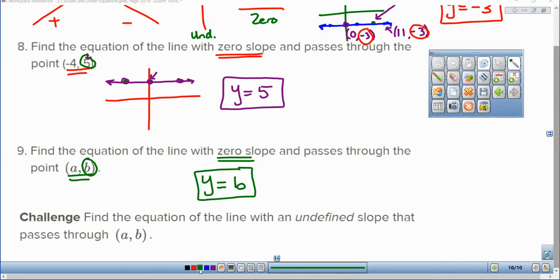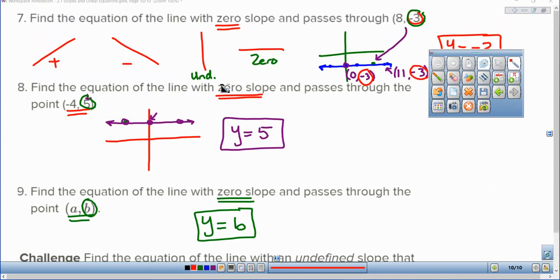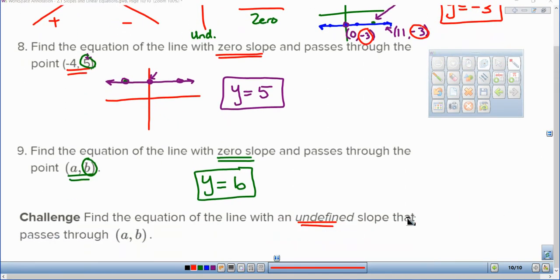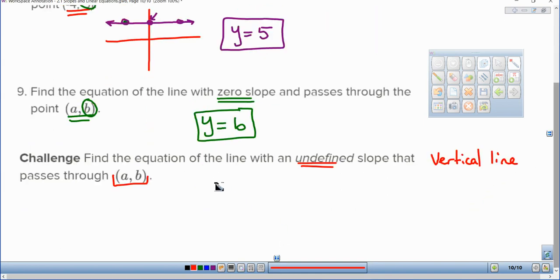Now we have a challenge question. It says, find the equation of a line that's undefined slope. Well, we established that an undefined slope means that it is a vertical line. And we're passing through some point A, B. Well, let's look at a picture here.